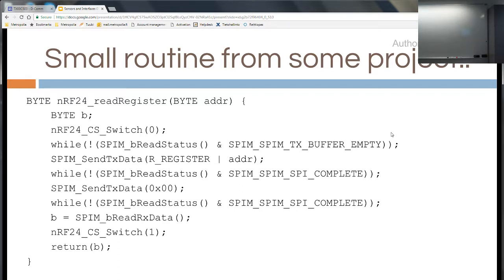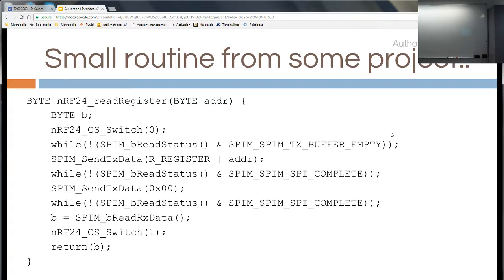So basically this block here is just the LED module on PSOC. You turn that one to 0, so it's active low. Then this is to check that the transmission buffer of SPI master is empty.